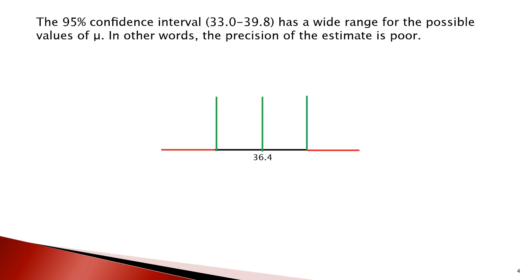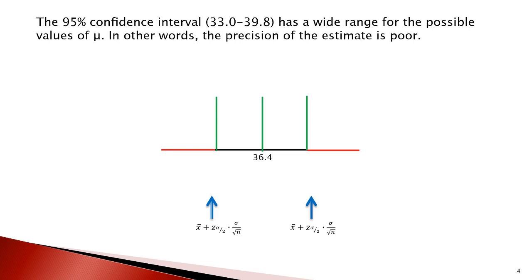Now look at this diagram to interpret the margin of error. 36.4 is the sample mean of our example, and we have calculated the lower bound and the upper bound of the confidence interval using these two formulas.